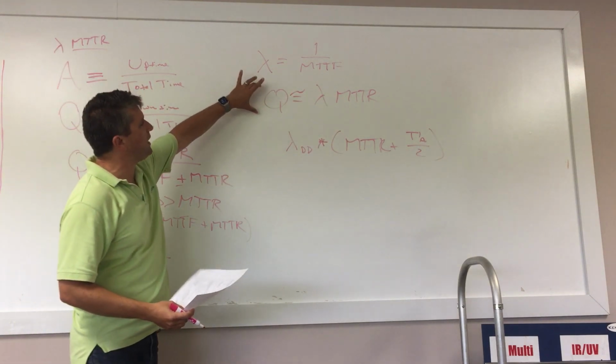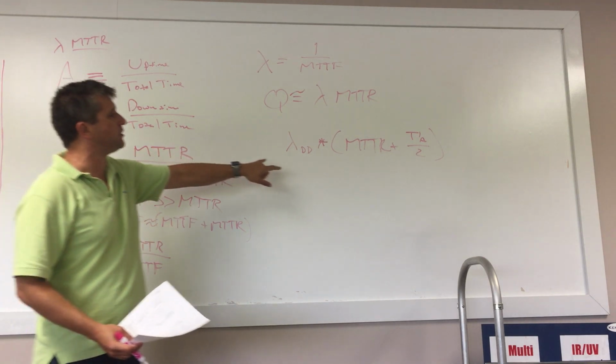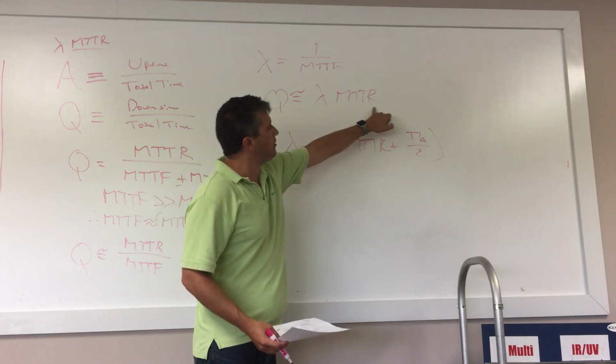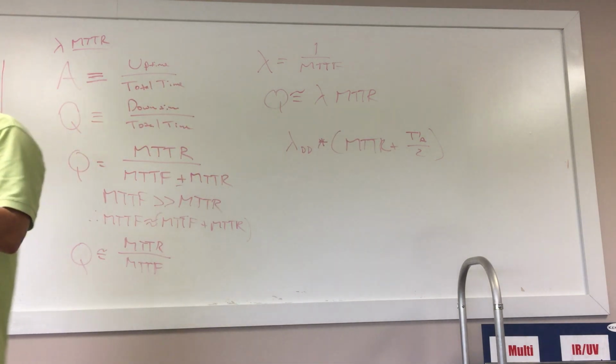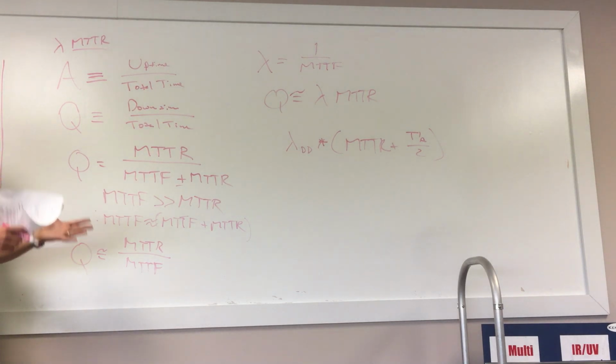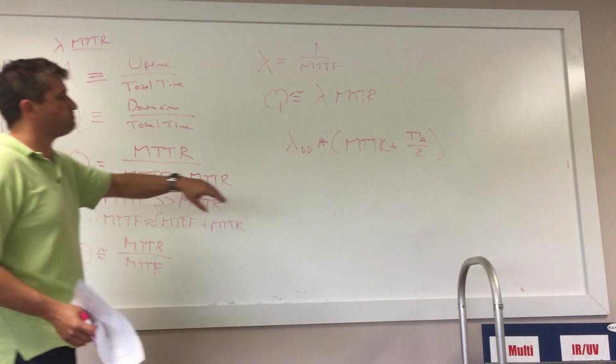So between this definition and this term that we use in the equation, what we did was we expanded. Because here, the MTTR is the complete mean time to restore, which includes how long it takes to detect that a failure occurred, plus how long it takes to repair.